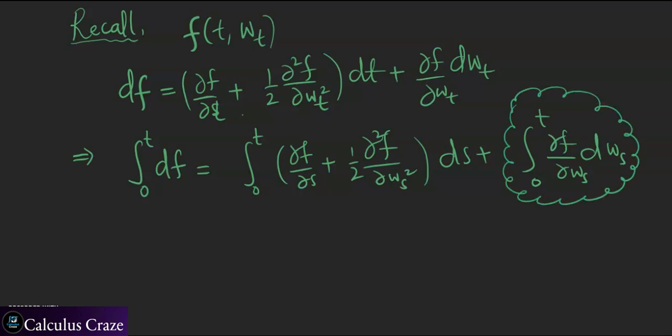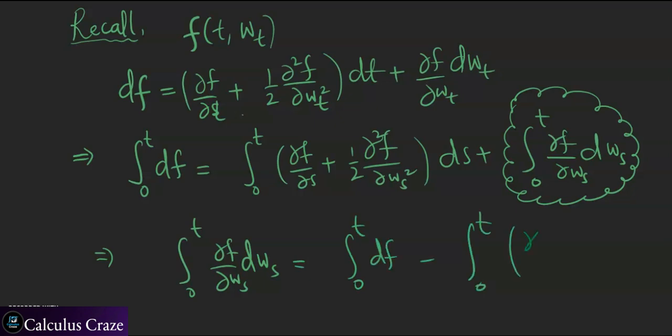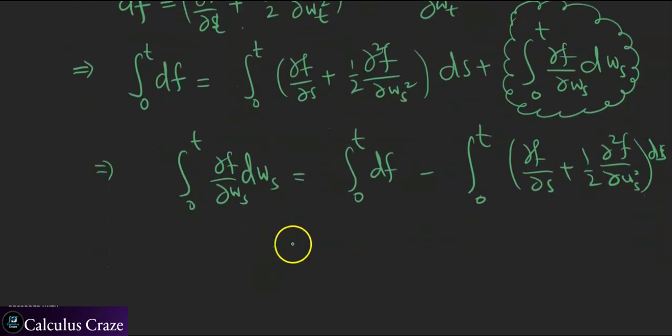The integral from 0 to t of the partial derivative of f with respect to Brownian, in the usual sense, differentiation in the calculus 1 sense, is the integral of df minus the integral from 0 to t of the partial derivative of f with respect to s plus 1 half second partial derivative of f with respect to Brownian, ds, right? So we will make use of this formula for solving certain stochastic integrals.